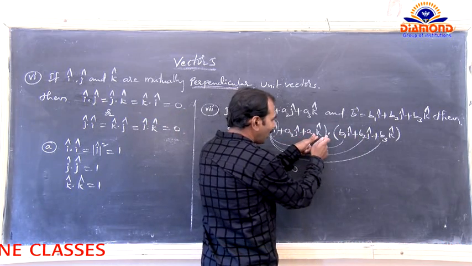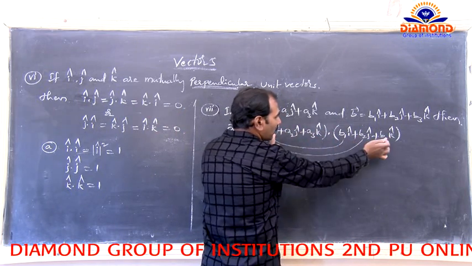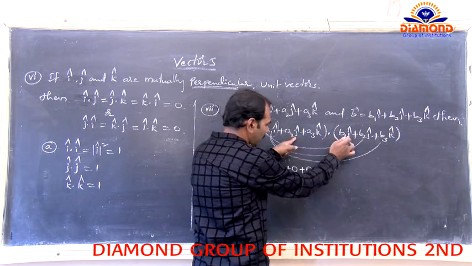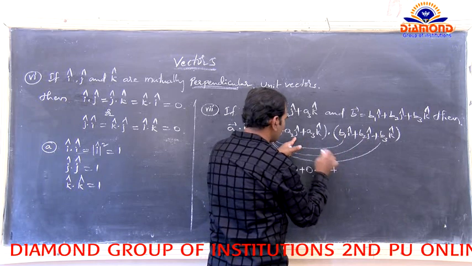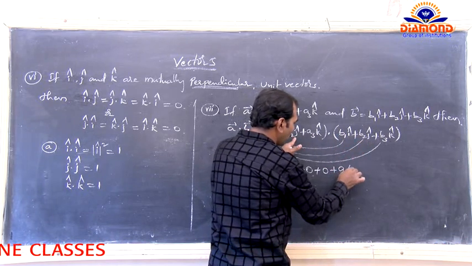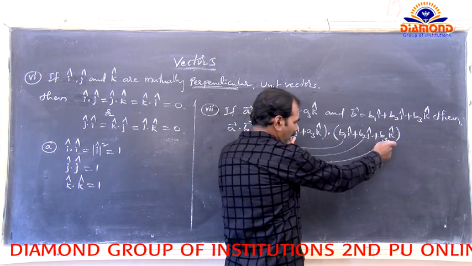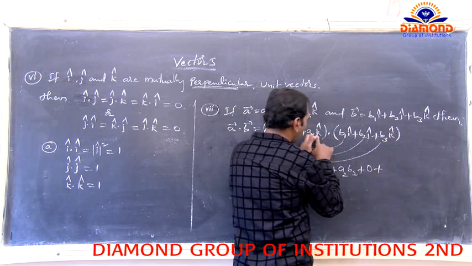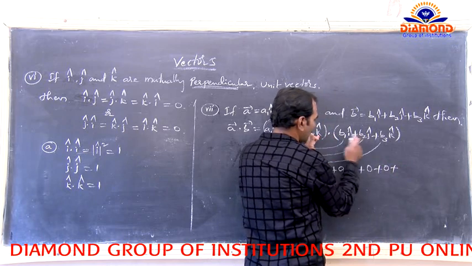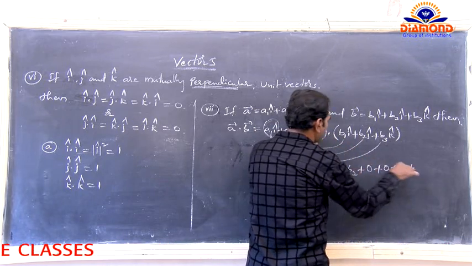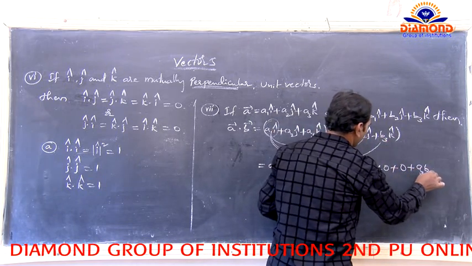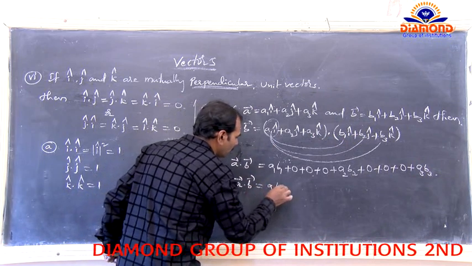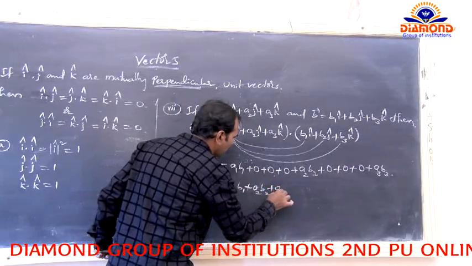Again, k dot i is 0, k dot j is 0, and k dot k gives A3 B3. So A vector dot B vector equals A1 B1 plus A2 B2 plus A3 B3.